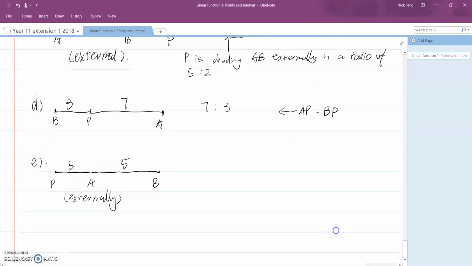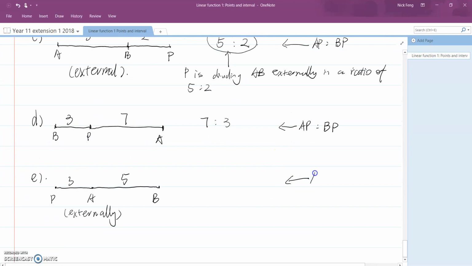So in this case, I'm still looking for AP to BP. AP has 3, but BP is not 5. BP is actually 8. But again, this does not satisfy the ratio without writing the word externally. So we put a negative in here.